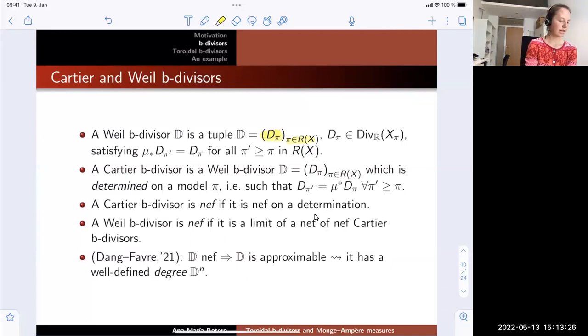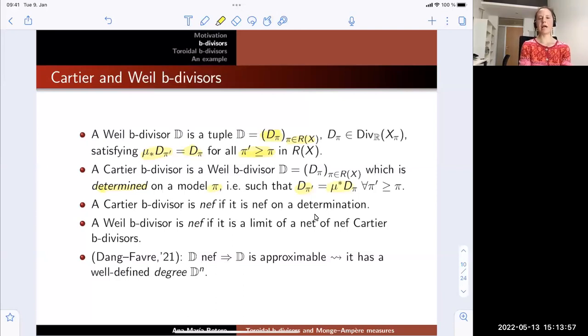So given such a modification bigger than the other one, you have that the push forward map of the bigger one is again the other one. And then a Cartier b-divisor is going to be a wild b-divisor, but which is finite in the sense that it is determined on a single model. So there exists a model pi such that any other model above it you can obtain by pulling back the one where it is determined.